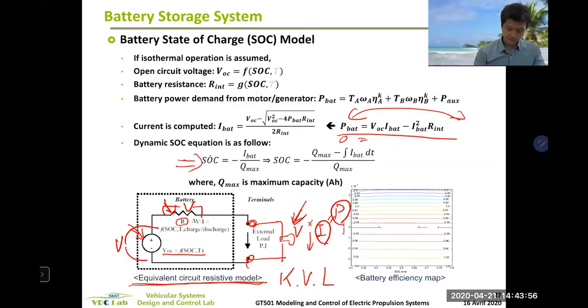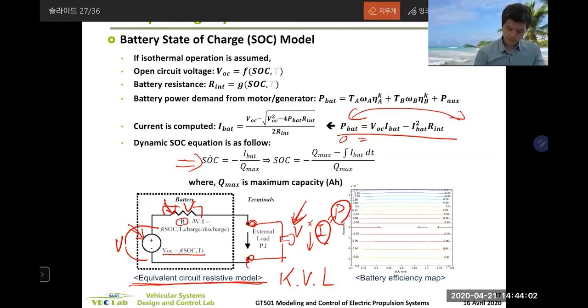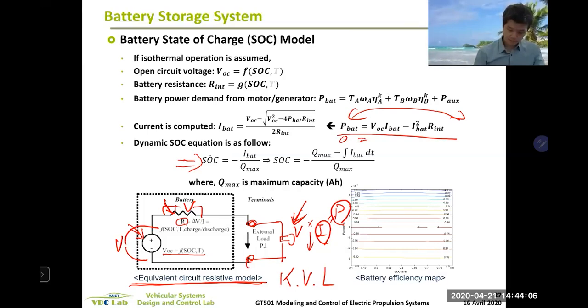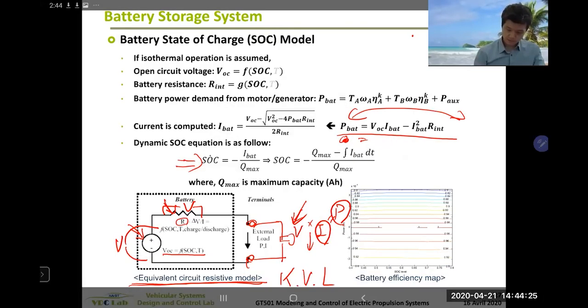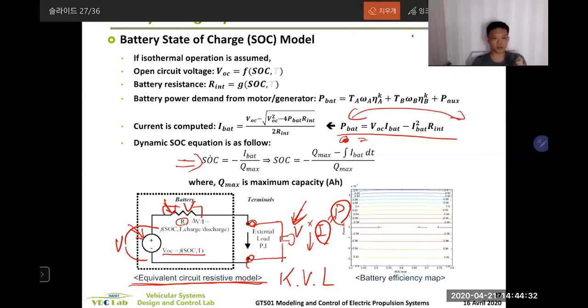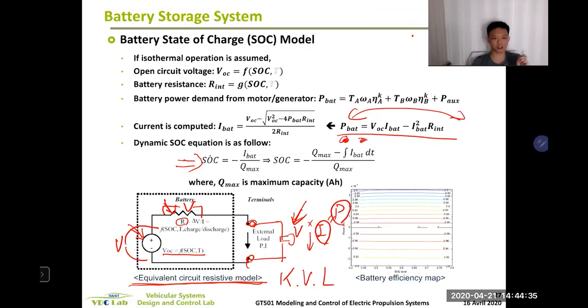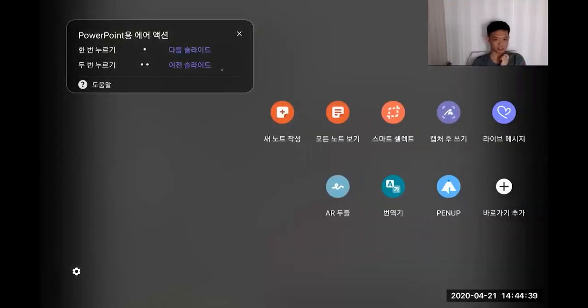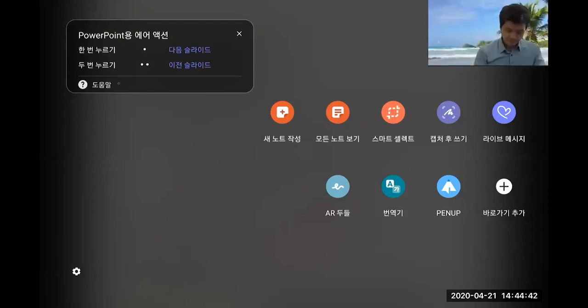Oops. How do I use this? Can't erase. I think if you press the button on the pen, it turns into an eraser if you hold it. Somehow it doesn't work.